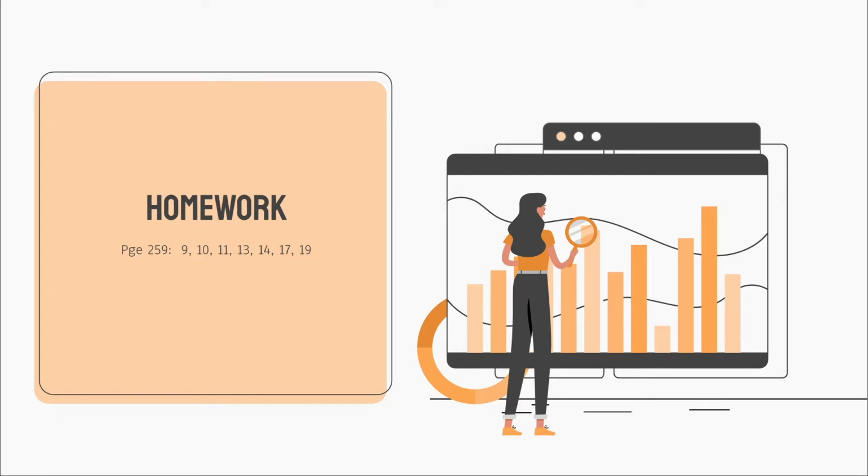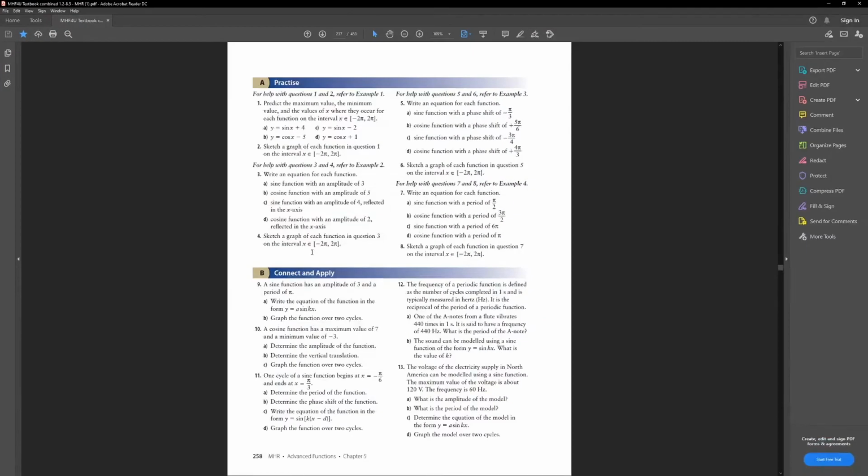So I've assigned questions 9, 10, 11, 13, 14, 17, and 19. All of these questions will be either making you create a function or an equation and then graphing it.